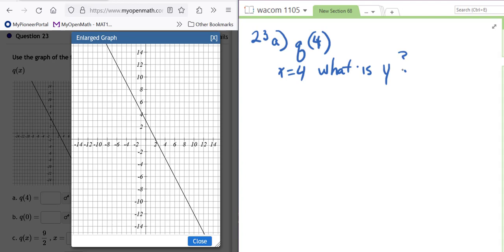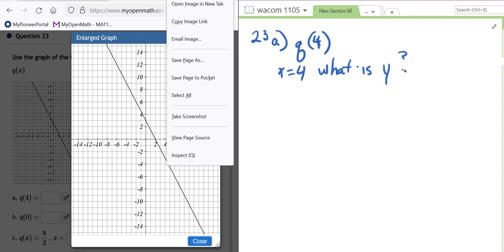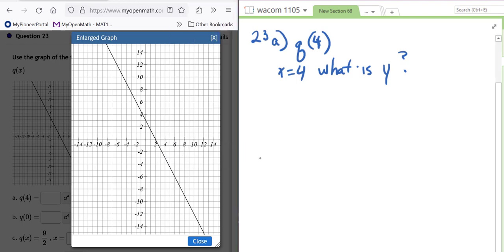So at X equals 4, you go there and then you go down to the picture or up to the picture. This time it's down. And this will be -3 will be the Y there. So I'm at 4 and I go down. -3 is the Y. So this will equal -3.